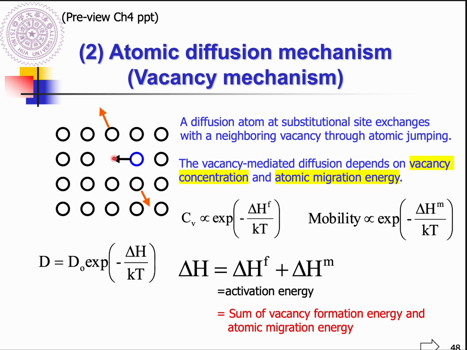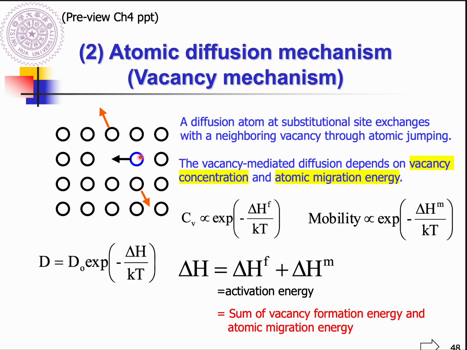So the first one is the vacancy concentration, and the second one is the atomic migration energy, which some people call mobility, which is proportional to exponential minus migration energy divided by kT, the migration energy of these substitutional atoms.